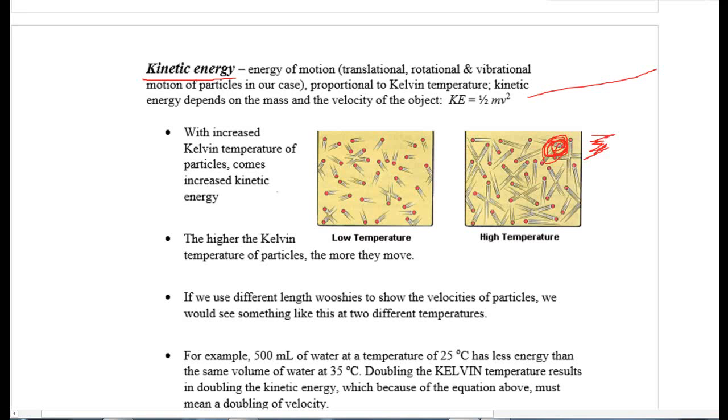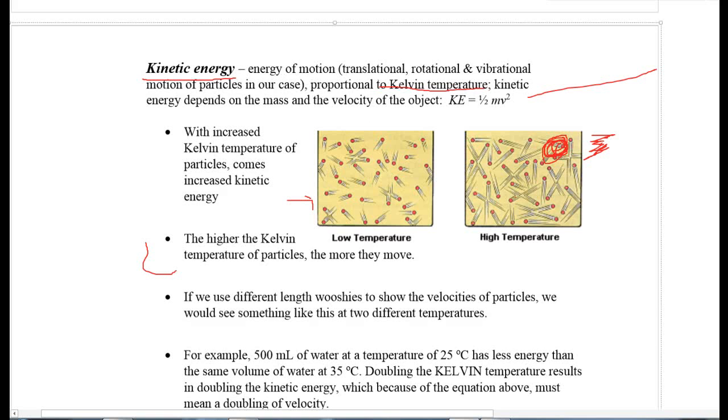Okay. And as you know, if we draw whooshes on these guys, this is what we'll see if we have a lower temperature, and this is what we'll see if we have a higher temperature. So the kinetic energy is directly proportional to Kelvin temperature. If I double my Kelvin temperature, I am also doubling my kinetic energy.